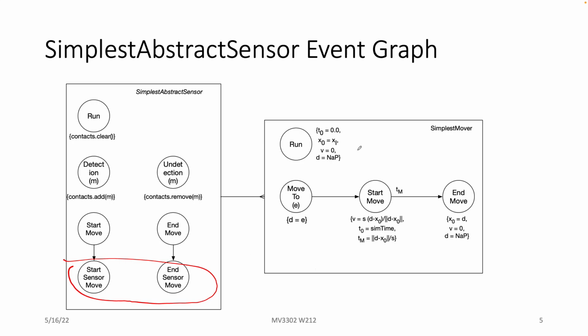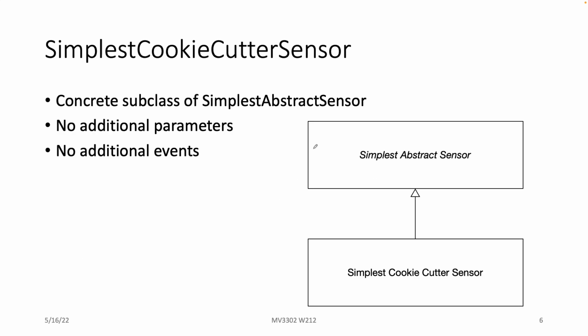And again, this is in the implementation, this is abstract. And so to implement the specific ones, say for the cookie cutter, we simply have to subclass it and make it a concrete class. We have no additional parameters because basically, as soon as you step inside the cookie, we see you. As soon as you step outside, we don't see you.